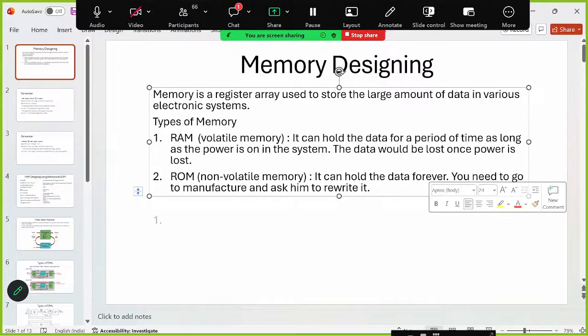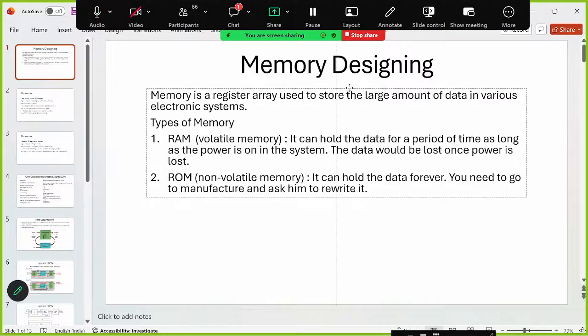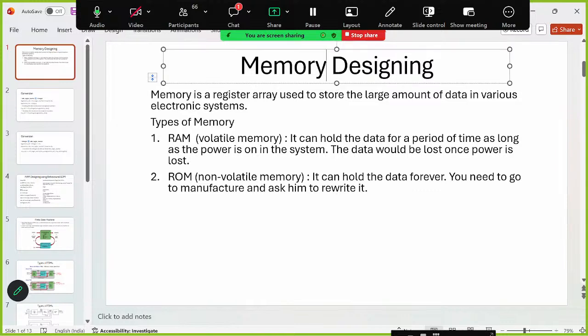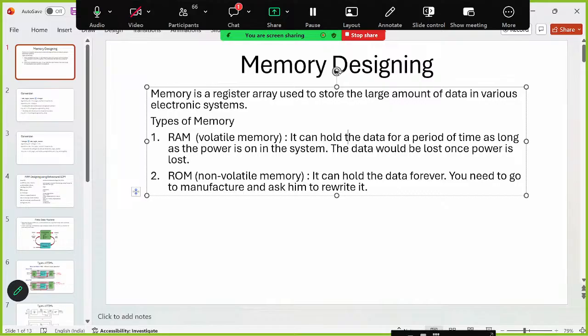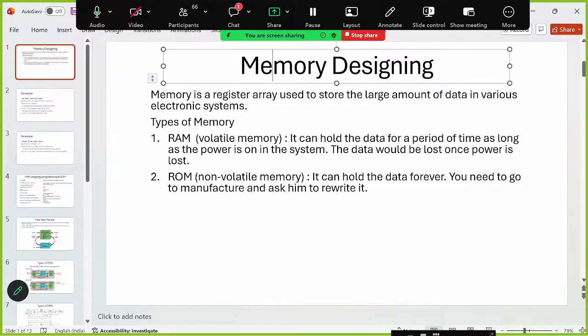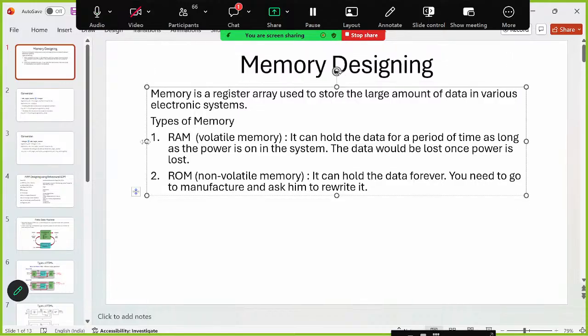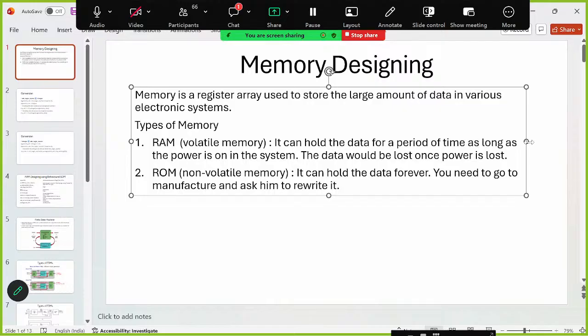So both these memories are used inside computer systems, embedded devices, and electronic systems, right? We are very much dependent upon them, because our mobile devices, embedded devices, and computer systems depend on data. It requires a memory, right?